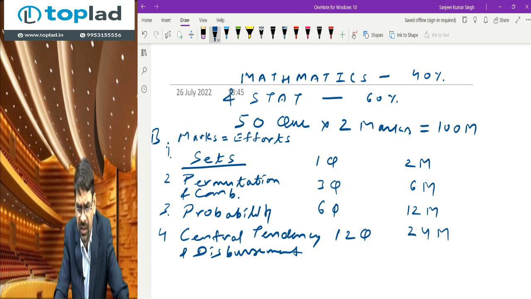Without understanding the concepts, we can't get good marks. CMA, Cost and Management Accountant, is a very versatile field, and we are at the very first stage, level 1.